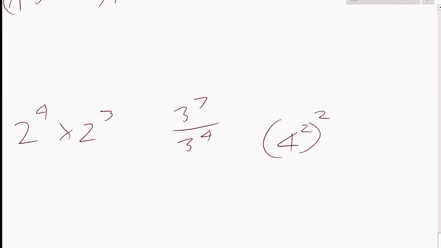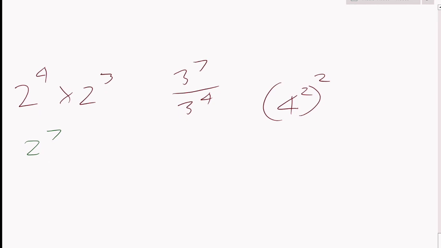And once you've done that, you should get the 2 to the 4th times 2 cubed should be 2 to the 7, as we know, and if you evaluate that, you get 128. Evaluate, if you haven't heard the word used before, just means find out the actual numerical value. So if you're told to evaluate a sum, what it means is just work out what the answer to the sum is.